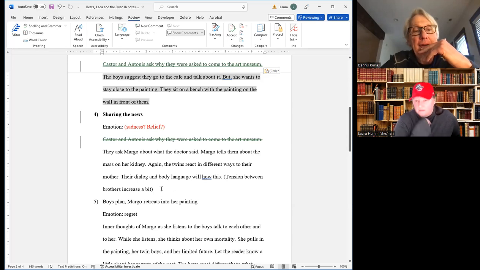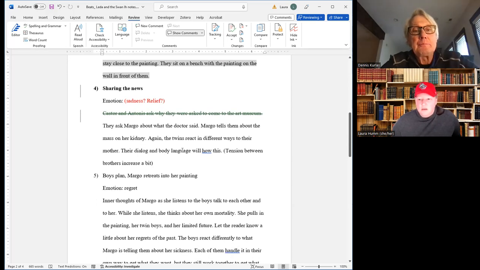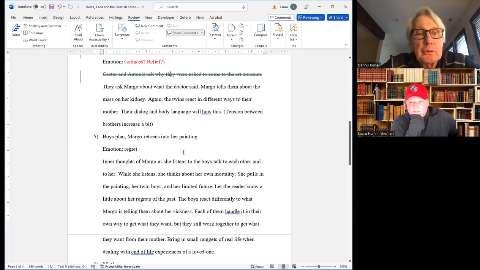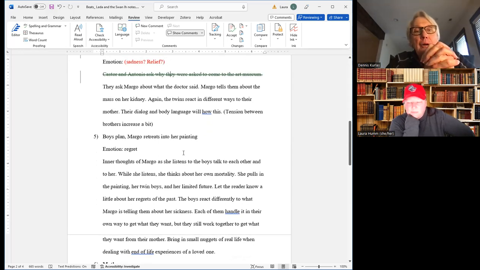Then we go to 5. Now let's talk about this. This is where I get a little bit confused here. So this is her POV, and she retreats into the painting. She's listening to the boys go back and forth, right?